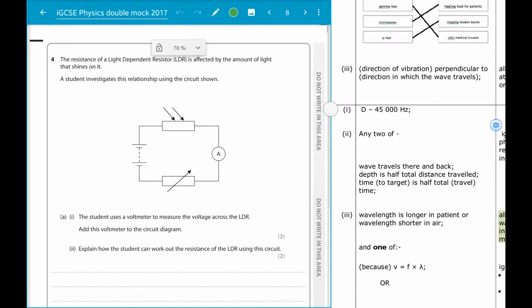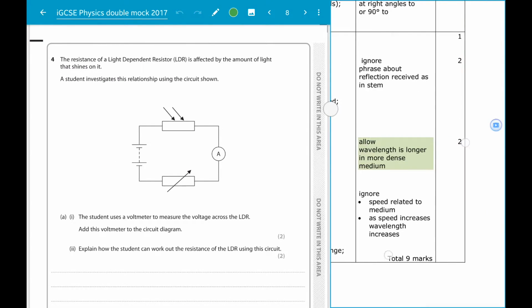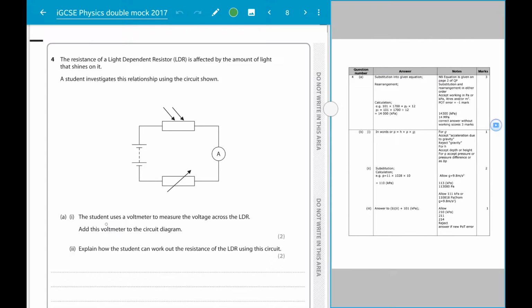So the next part, question 4, is about electricity. Here we have to add a voltmeter to measure the voltage across the LDR. The LDR is the light dependent resistor, and it has light going into it.